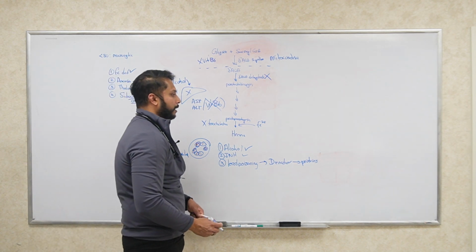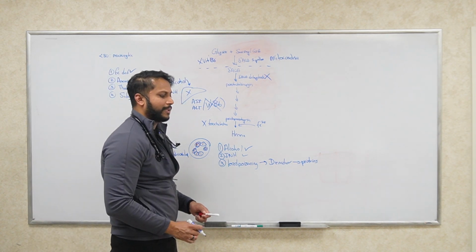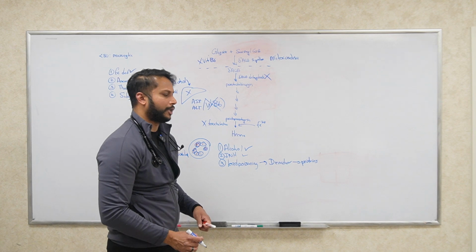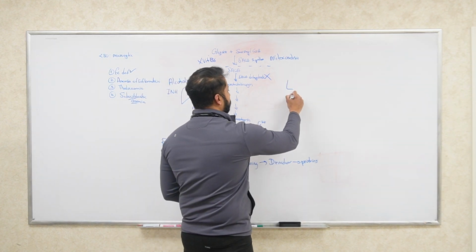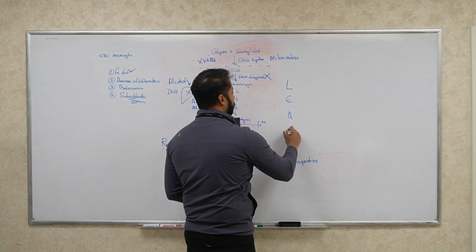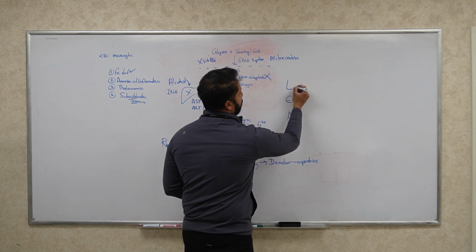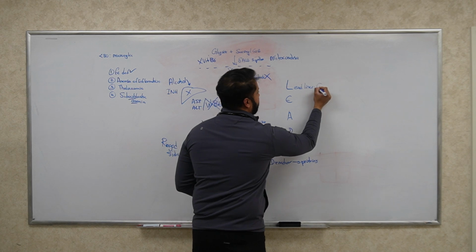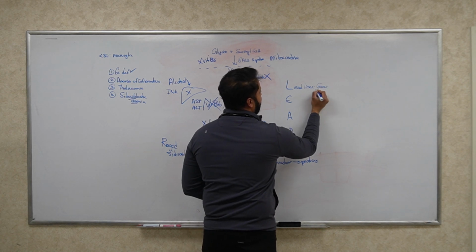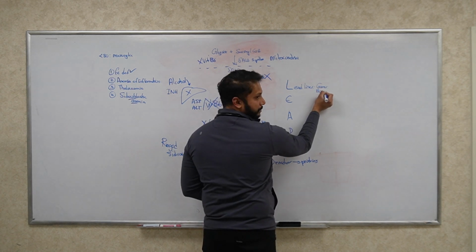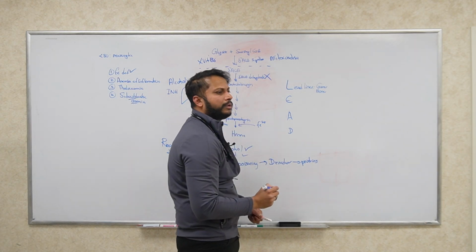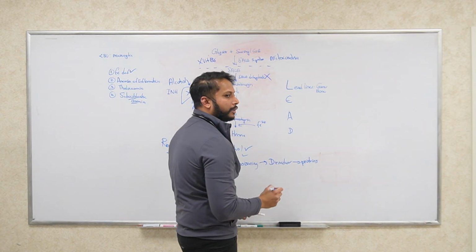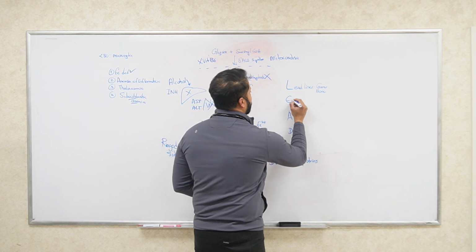Yes? Okay. Now when it comes to lead, it also causes some other problems. What are the other problems? A good mnemonic is LEAD. L for lead lines. You can get it on the gums as well as in the bones. E for excited, it's like psychosis.